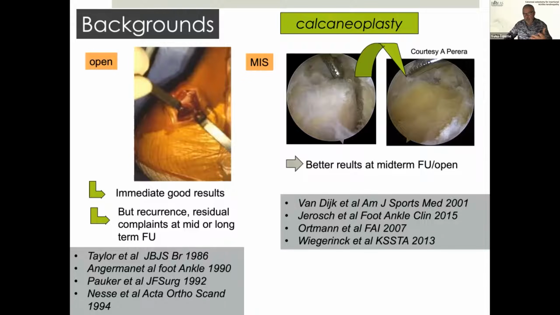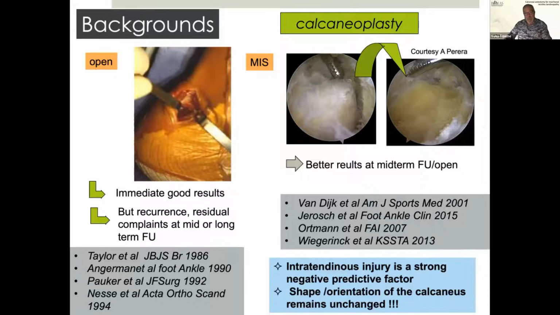More recently, and probably it could be a discussion also with Hari, minimally invasive surgery seems to show better results at midterm follow-up compared to open, but it was only midterm. We must not avoid that the intratendinous injury is a strong negative predictive factor first. And the second one, the shape and the orientation of the calcaneus remain unchanged when you do a calcaneoplasty.